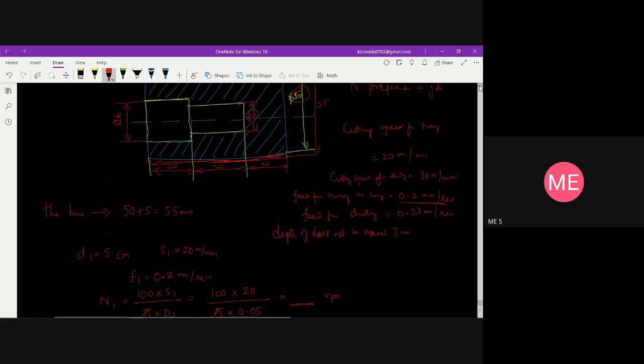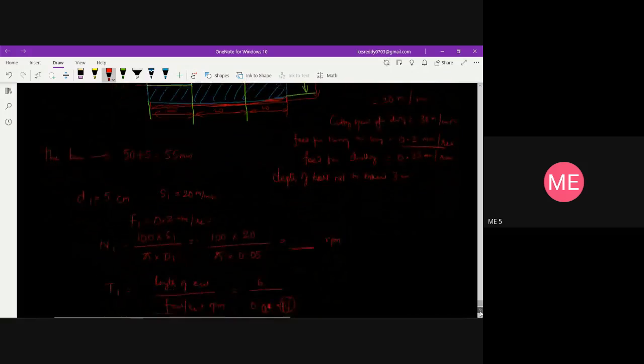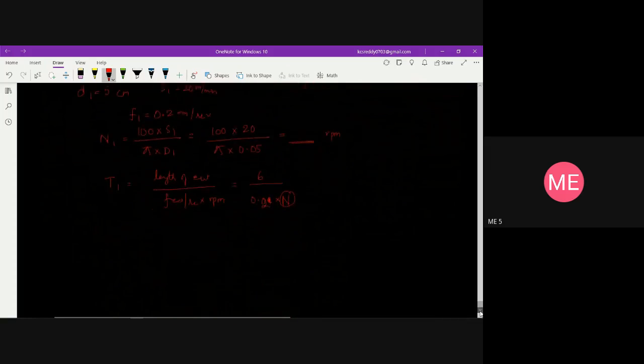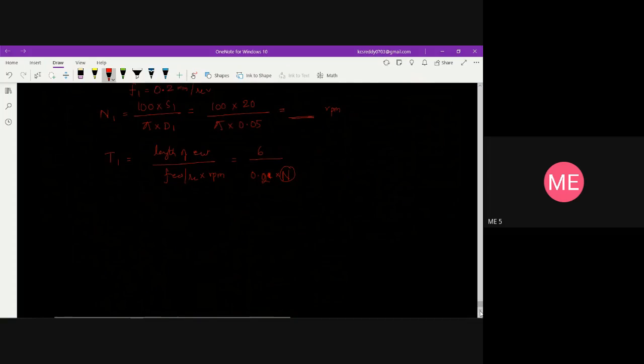So we need to drill first with this 20 mm to the depth of 40 mm length. We need to drill a hole of 2 centimeter for the length of 40 mm.